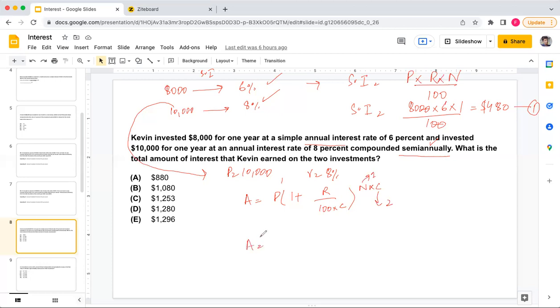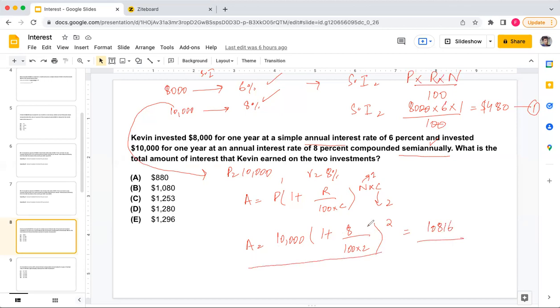So total value at the end of 1 year is 10,000 into (1 plus 8 divided by 100 into 2) whole power 2, because N is 1. After solving, this value is around 10816.